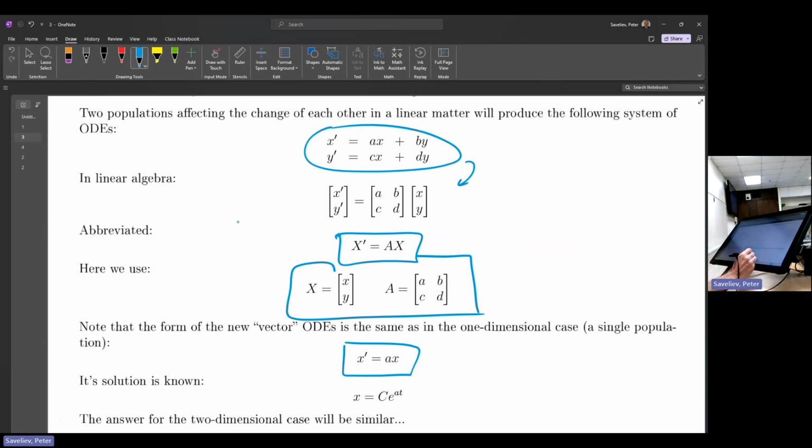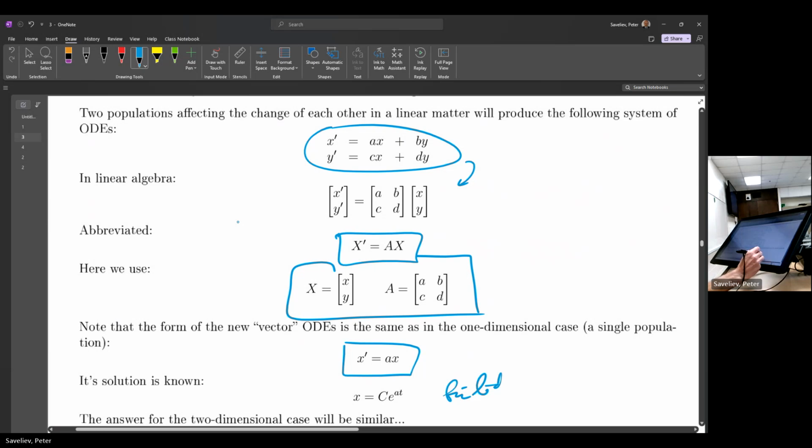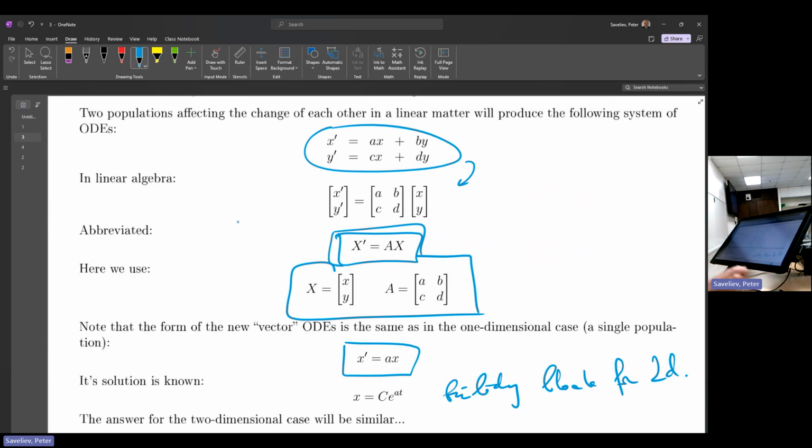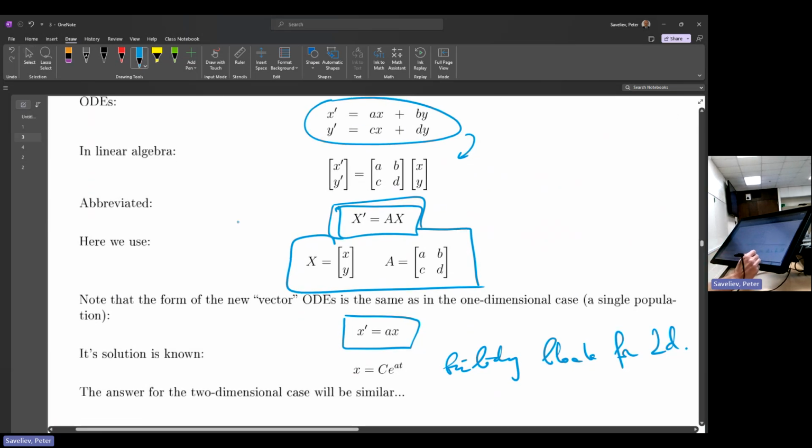So this is like a building block for two dimensions. Once you embrace the vector notation, everything works out in high dimensions as well. So there you go. You can see that the problem is probably not something that we can easily resolve.